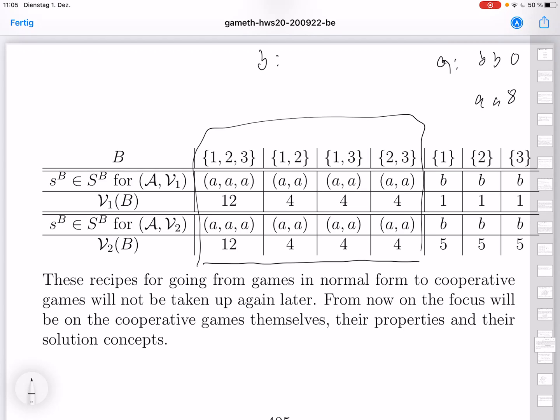And if they choose BB, he gets 1 and they get 2. So if they choose BB, then player 1 gets 1. And if they choose AA, they get 4 and he gets 5.